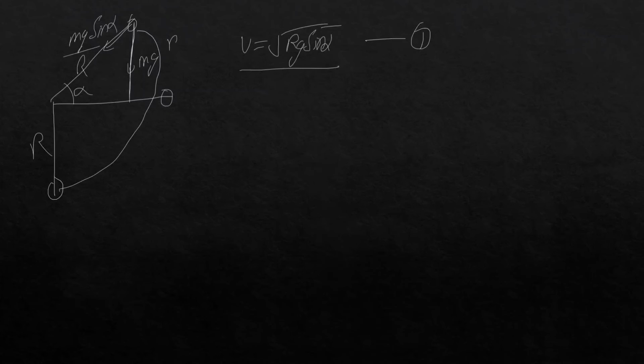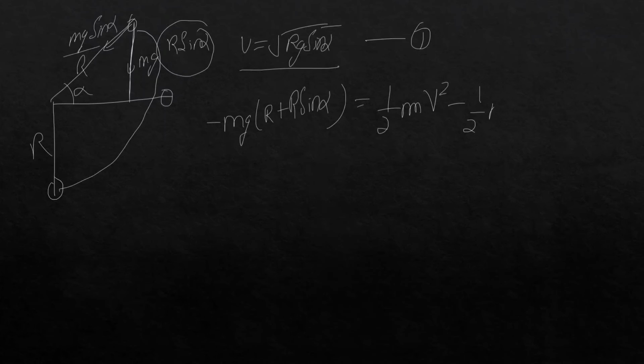Sin alpha is perpendicular by hypotenuse, so that is r sin alpha. Understood? You have got the length. So work done by all forces, that is mg times r plus r sin alpha, equals final kinetic energy, 1 by 2 m v square, minus 1 by 2 m u square, where u is given as 4gr.